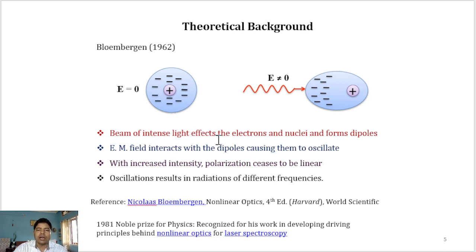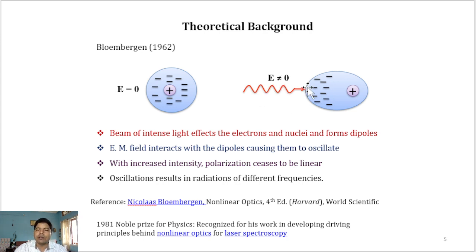Now, if a beam of intense light is launched into this medium, you can see the electrons and nuclei get separated, because here the electric field is not zero, whereas before it was zero.